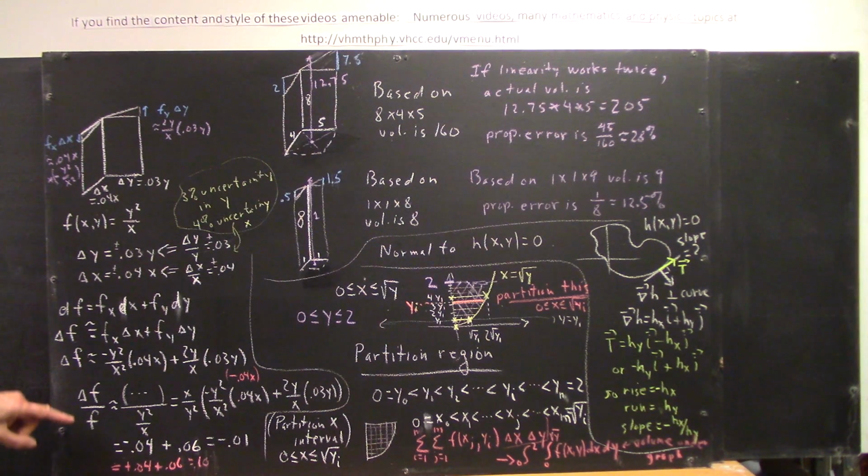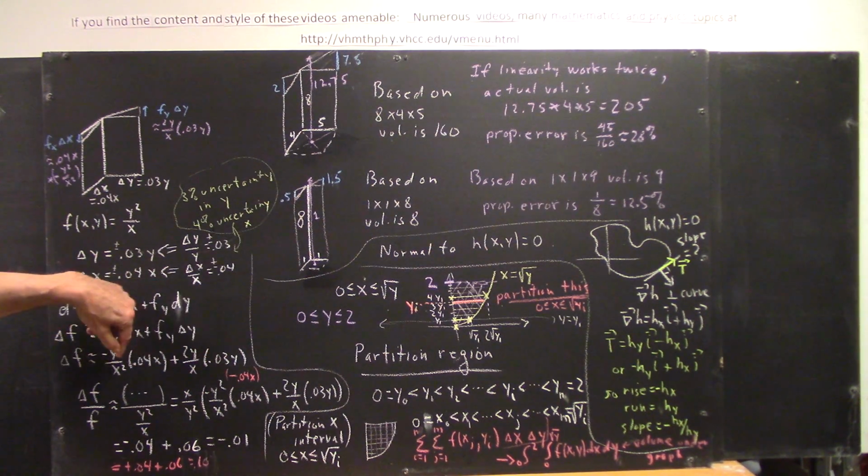Now we have delta f over f, which is the proportional uncertainty in f that could be expressed as a percent. So we take delta f and divide by f, which is y squared over x. We divide everything here by y squared over x.